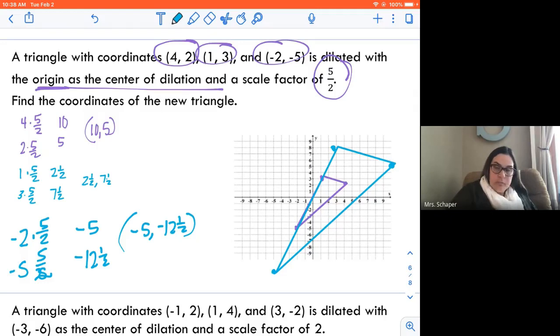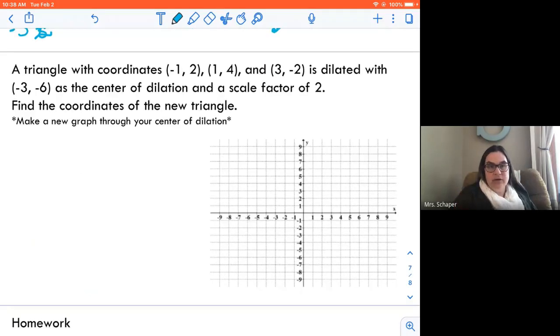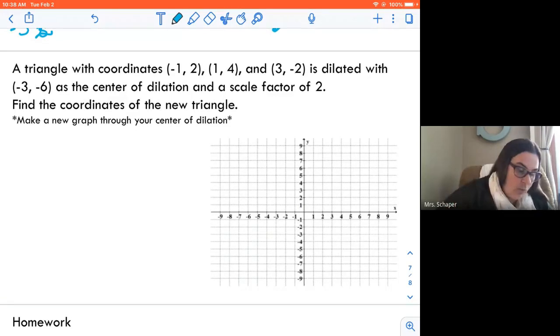Now, when you don't have the center of dilation as the origin, there's one added step that you need to do. Okay, so there's a couple different ways to do it. One of the ways is that you can plot all of these points out. So -1, 2, 1, 4, 3, -2.